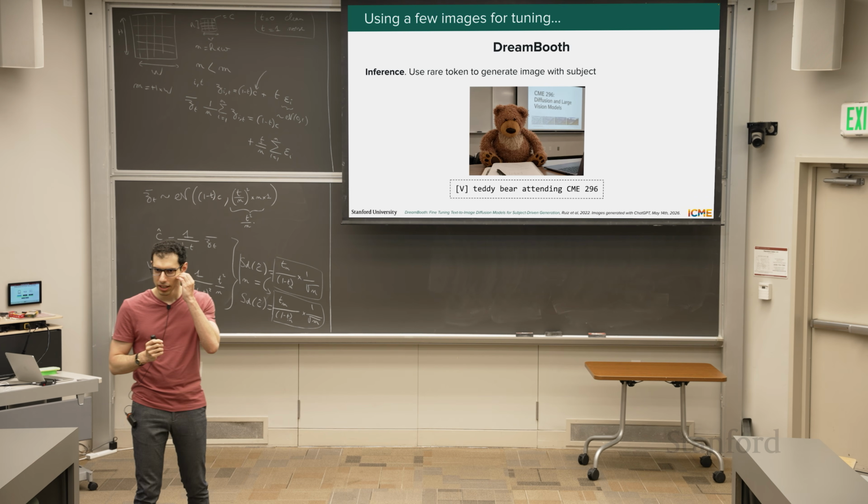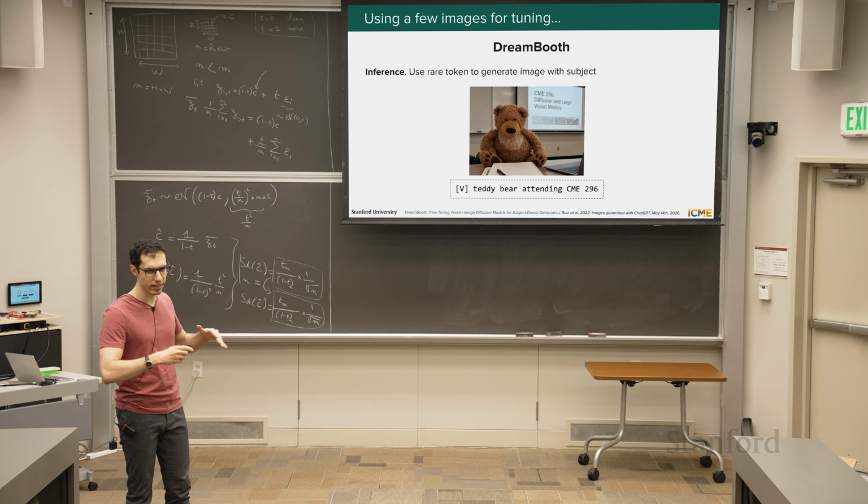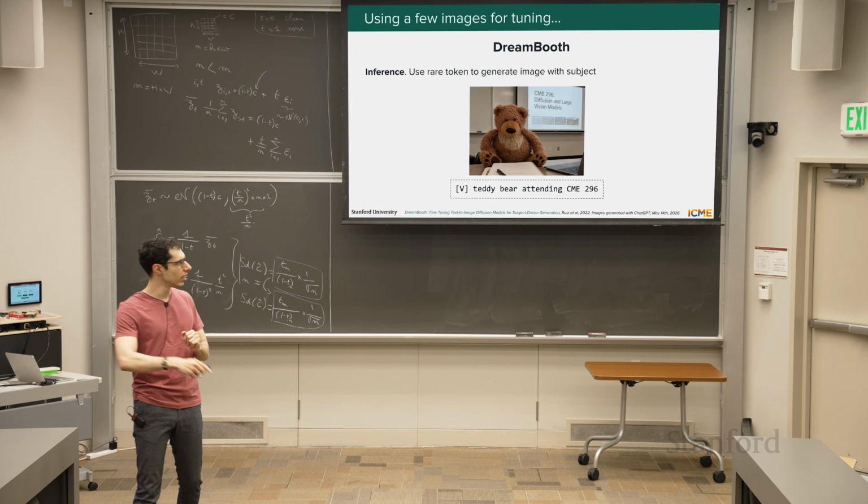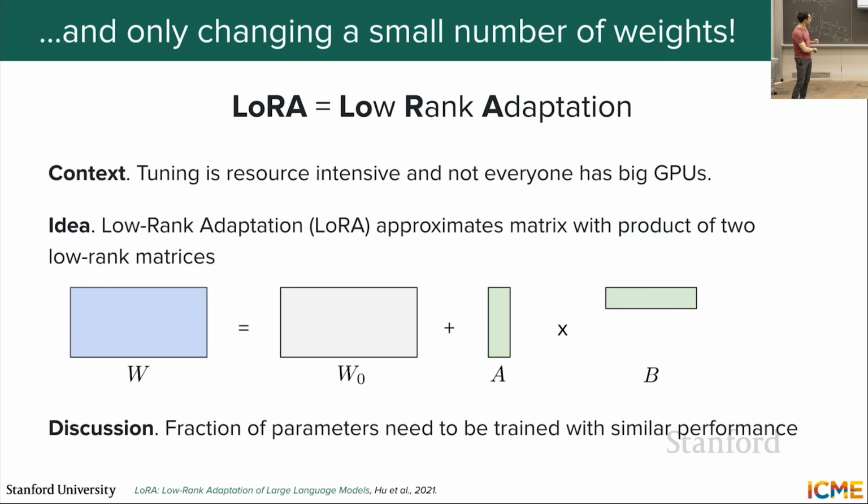And so you would not want to update all the weights, which is the reason why there is a method that is very commonly used in the LLM world, which is also something that people use in this instance, which is called LoRA, and stands for low rank adaptation.